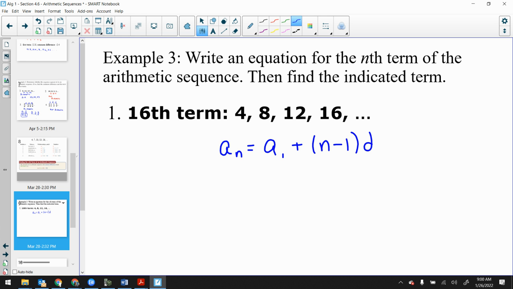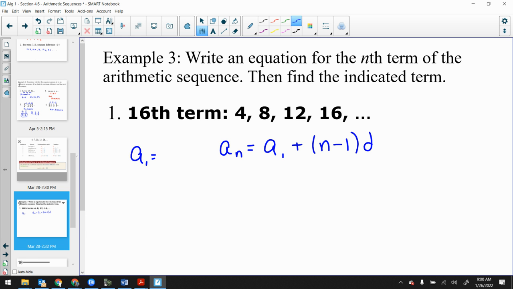This is one of them, the arithmetic sequence formula. First term plus n minus 1 times d. I would suggest every time you do a problem like this, you write it out, so then you don't have to work as hard to memorize it.